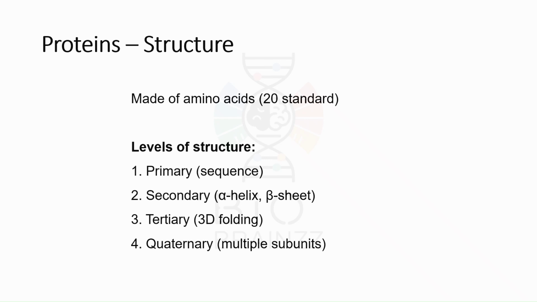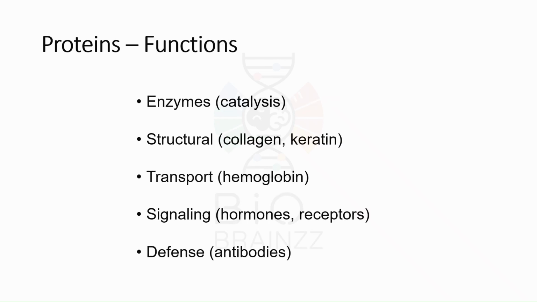Primary is the amino acid sequence. Secondary includes structures like alpha helix and beta sheet. Tertiary is the 3D folding, and quaternary involves multiple subunits. Questions often focus on these levels, so understand them clearly.